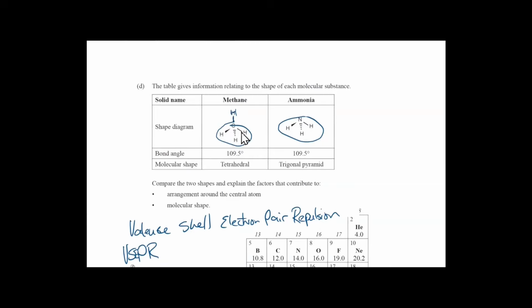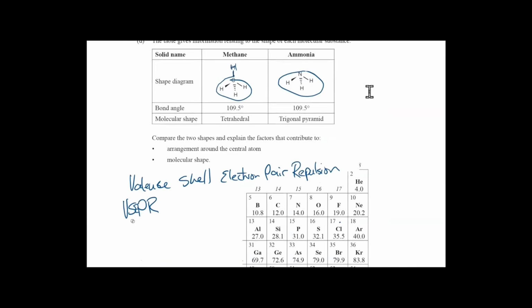So methane here, the central atom is the carbon atom, and it has a steric number of 4.